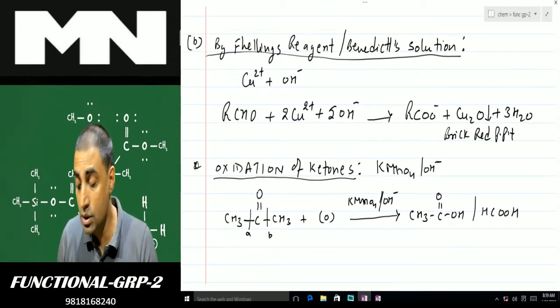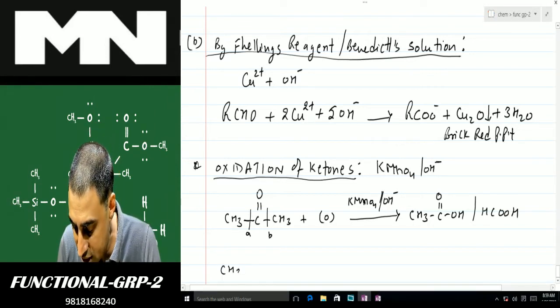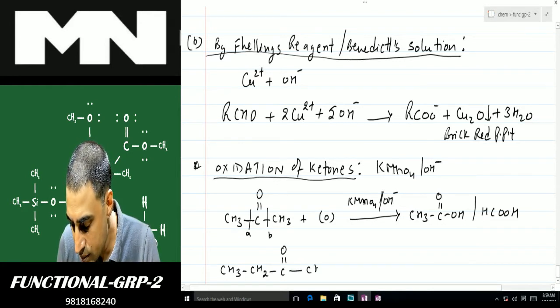What about a non-symmetric, unsymmetric ketone? Now suppose I have a ketone that is CH3CH2COCH3.